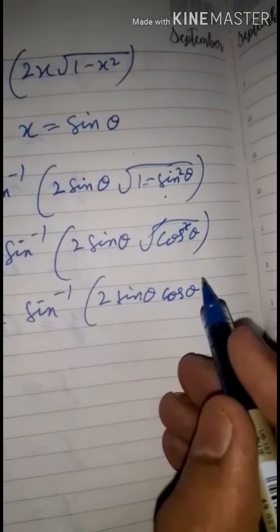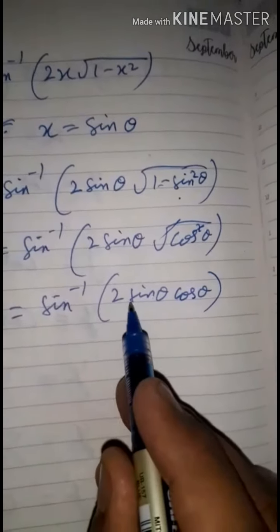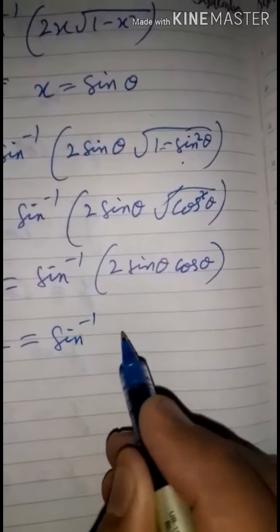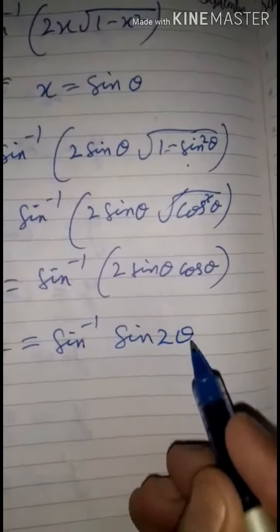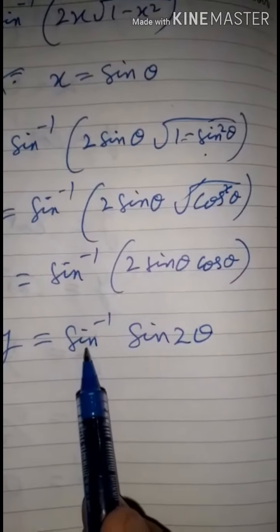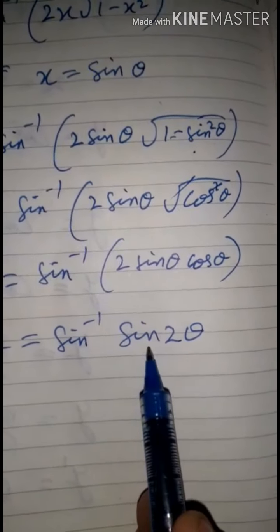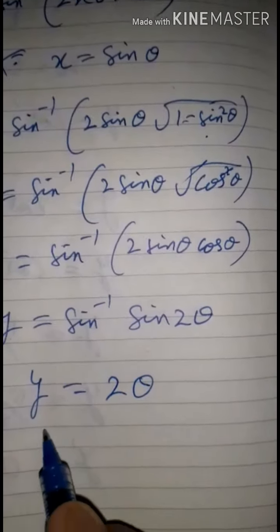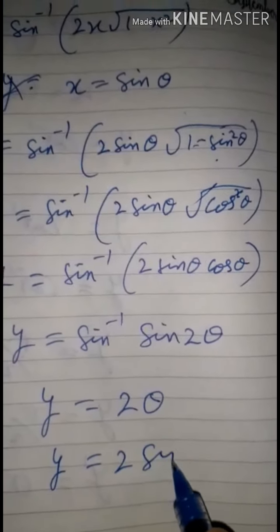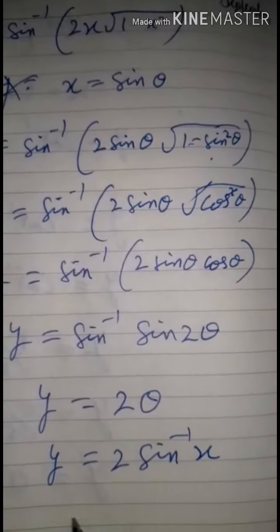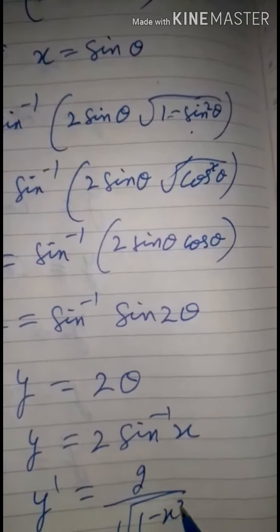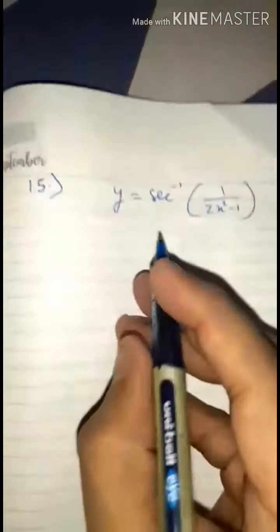Root cancels with square. And we know 2 sin theta cos theta is equal to sin 2 theta. Our main motive is this. Whatever is outside, we will cancel it. Now we are left with only y is equal to 2 theta, and y is equal to 2 sin inverse x. Now y dash is equal to 2 upon under root 1 minus x square. It's the derivative for this question of the exercise.